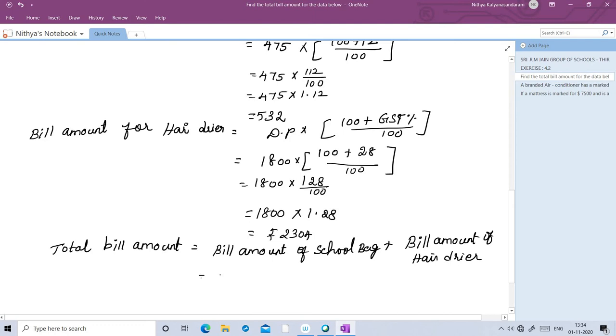So the bill amount of the school bag is rupees 532 plus the bill amount of the hair dryer is rupees 2304. So add this. If you are adding, you will get rupees 4445. So this is the total bill amount for the school bag and hair dryer. So therefore total bill amount is equal to rupees 4445.